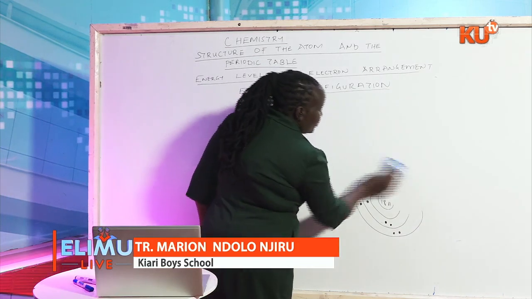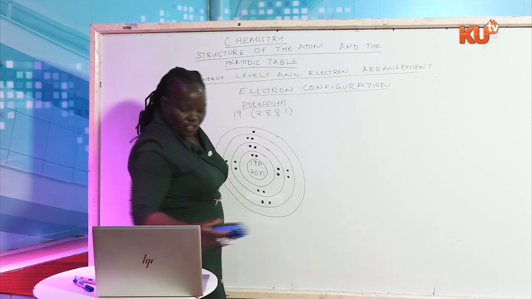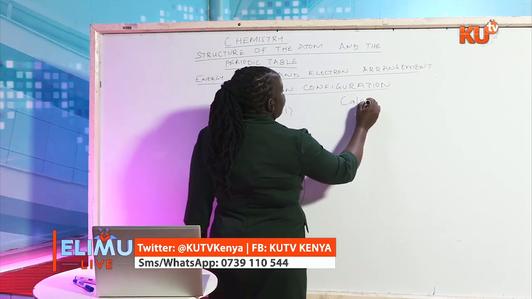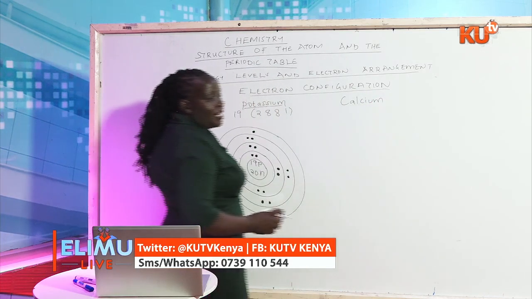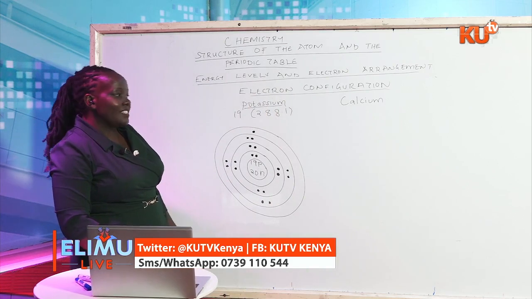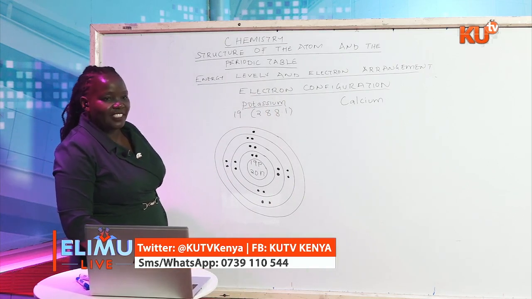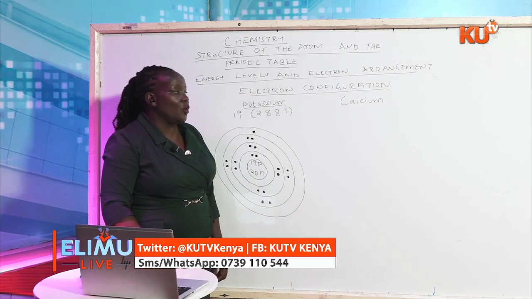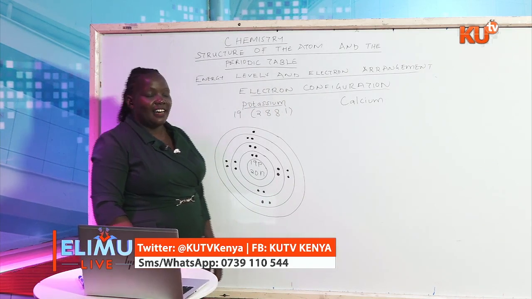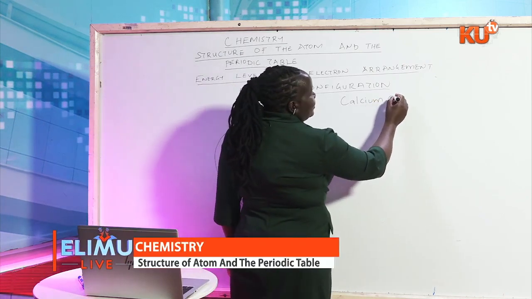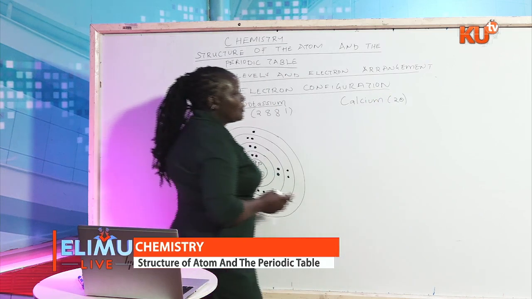The last example that we are looking at is calcium. Calcium is atomic number 20. So since it is atomic number 20, it means that it is going to accommodate 20 electrons, which are going to be distributed as follows.